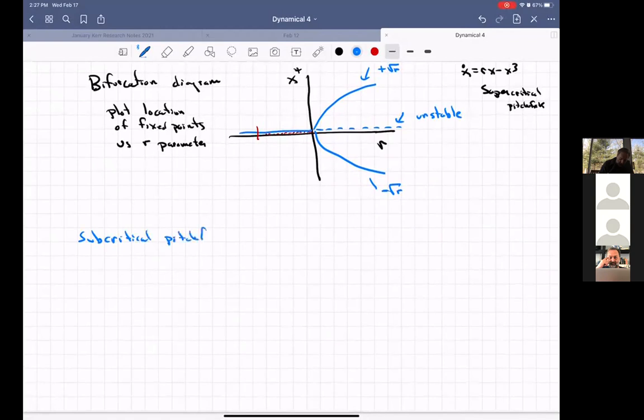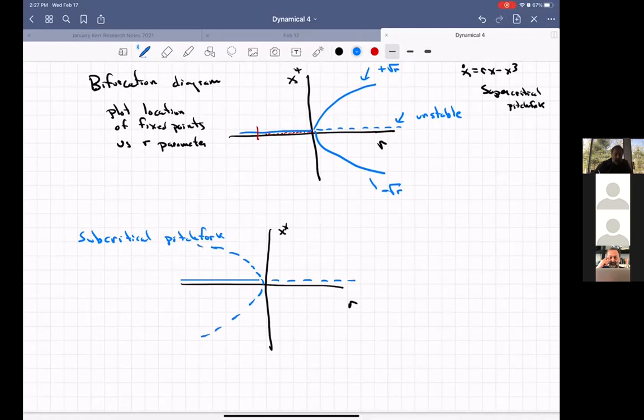And you could intuit that that's simply going to be the reverse situation. So if I have R versus X star, in the subcritical pitchfork, what you typically have is something which is stable here, becomes unstable, and there are unstable branches off this way.